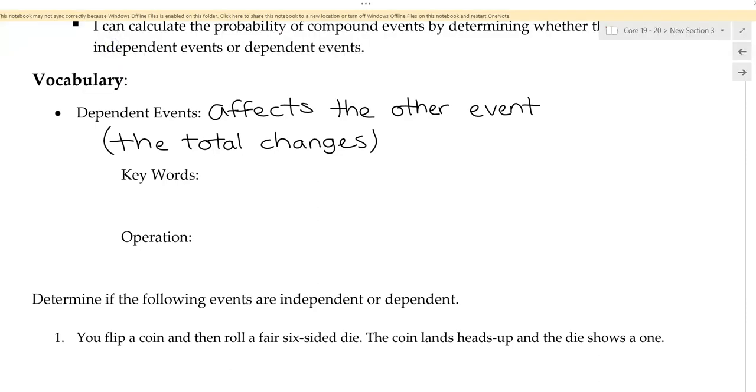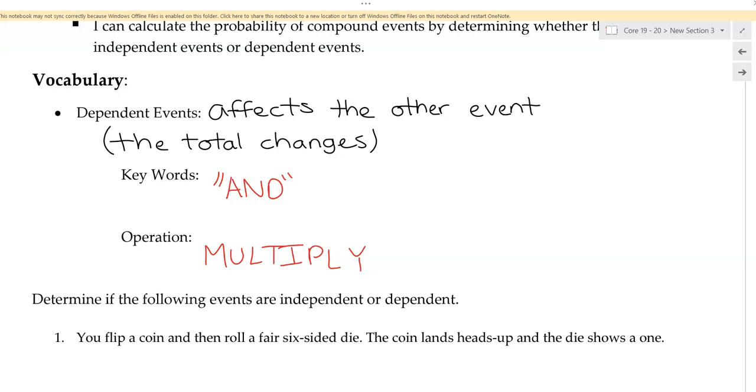But we still have our keywords. We're always still going to see that word and. And is still going to tell us to multiply. Okay? So that part's the same for both independent and dependent.